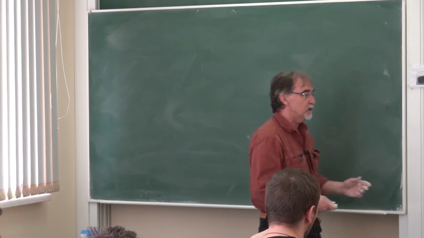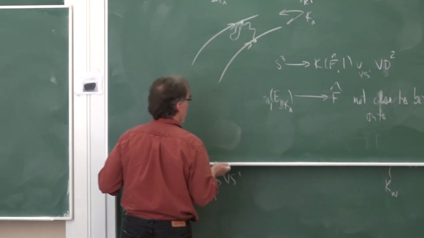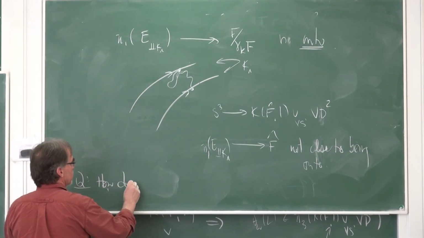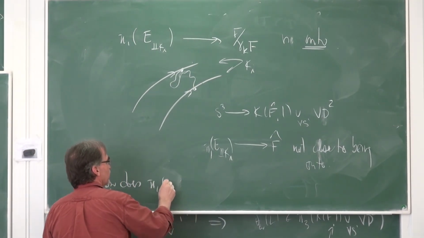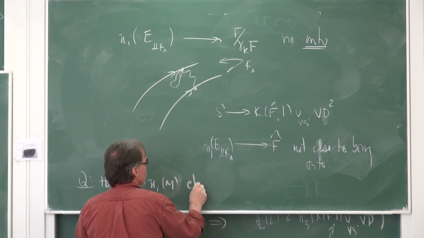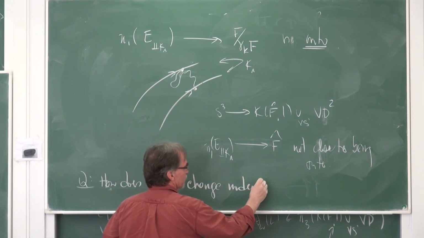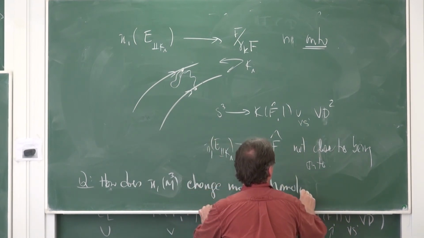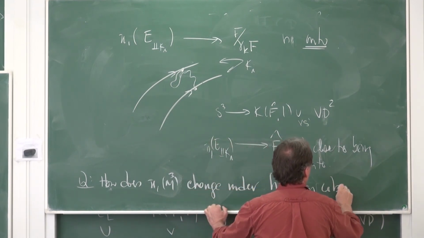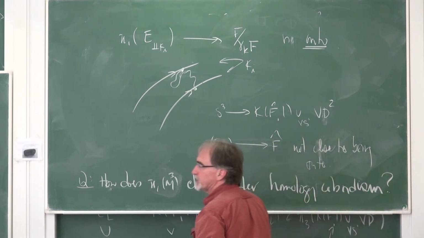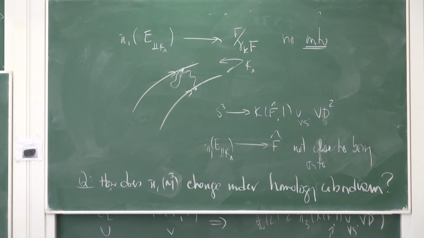And so immediately you get the following question: how does pi1 of a 3-manifold change under homology cobordism? That question underlies trying to get an answer to realization. Okay? And we're going to answer that question, at least in some sense, next time.